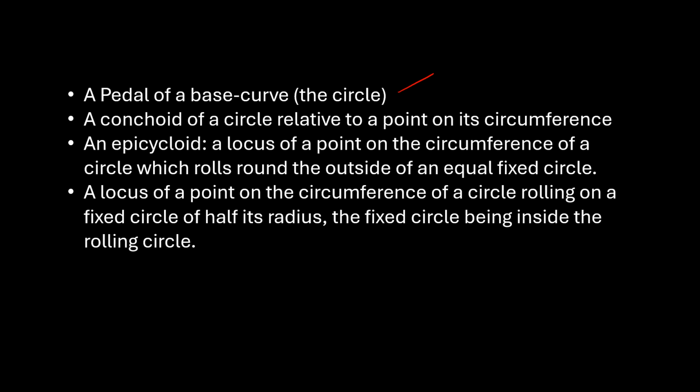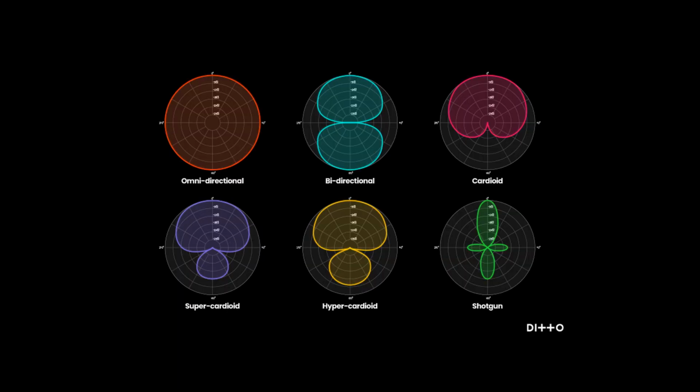A couple of other things worth noting: you've probably looked at microphones. People will tell you, oh, this is a cardioid microphone. Why? Because the sensitivity on this side is more than on the other surrounding points. So it's effective in that way. You've heard of a super cardioid microphone.